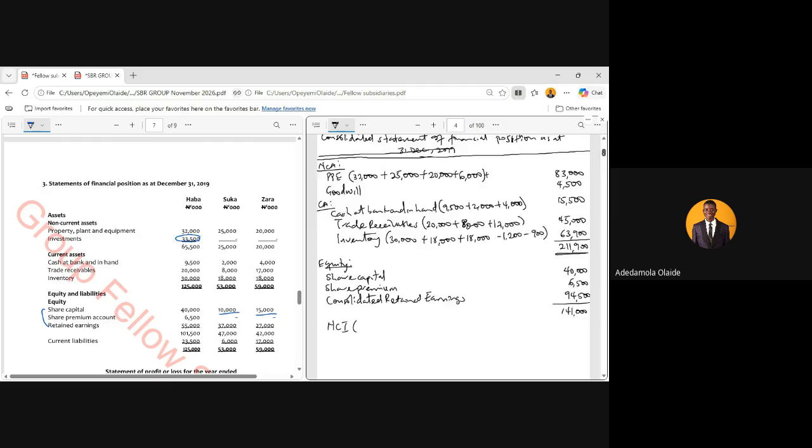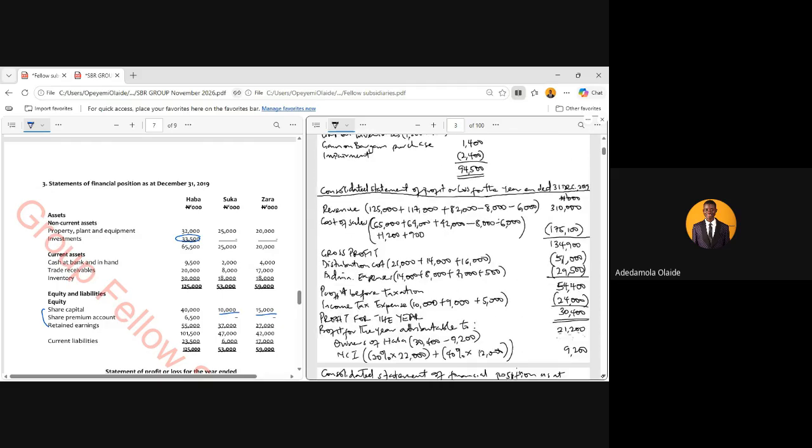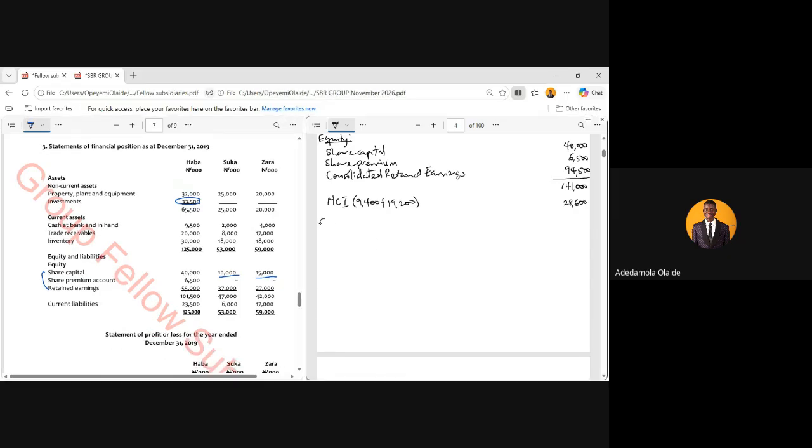NCI. What's our NCI? These are workings here: 9,400 plus 19,200. And that will be 28,600. After NCI, then we bring other liabilities. Current liabilities.